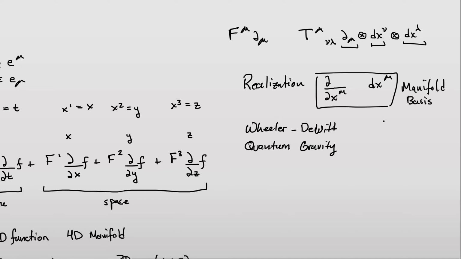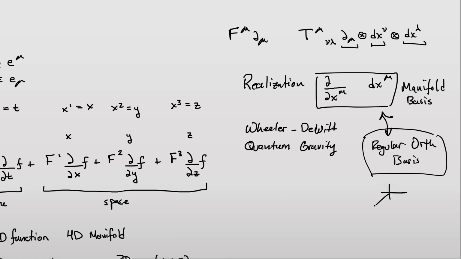We want to understand what the relationship is between the manifold basis and a regular orthogonal basis, right? So if we have a regular orthogonal basis, the connection between these two things, once we can distinguish that there is actually a difference between these guys, which we've established now, and these guys. These are the guys that look like this.